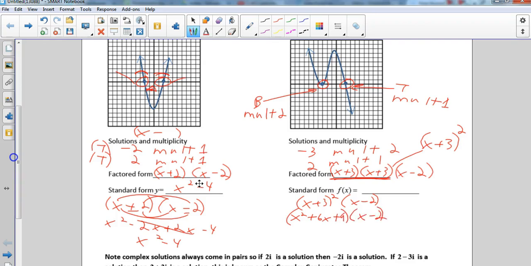Now we're going to do that times x minus 2, which means we multiply everything by x: x cubed, plus 6x squared plus 9x, and then we multiply everything by -2. I ran out of room to draw my arrows, but normally I would draw the lines. So that's -2x squared, -12x, and -18.